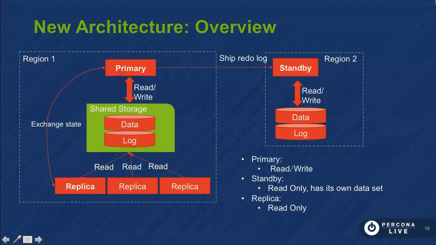Between primary and standby, we use physical replication. The primary server will ship redo log to standby, and standby uses redo log to update its local data.